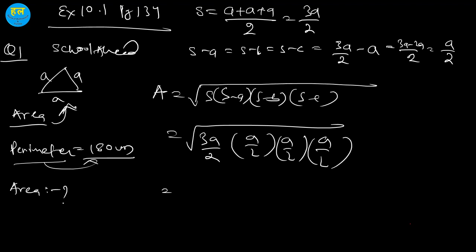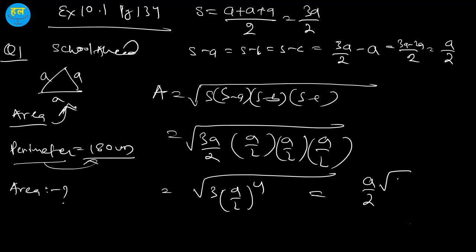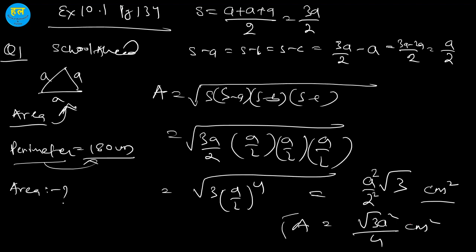That means the square root of 3 into A upon 2 to the power 4, which is A upon 2 root 3 centimeter square. That means root 3 A square upon 4 is the area of the triangle. This is our one part.